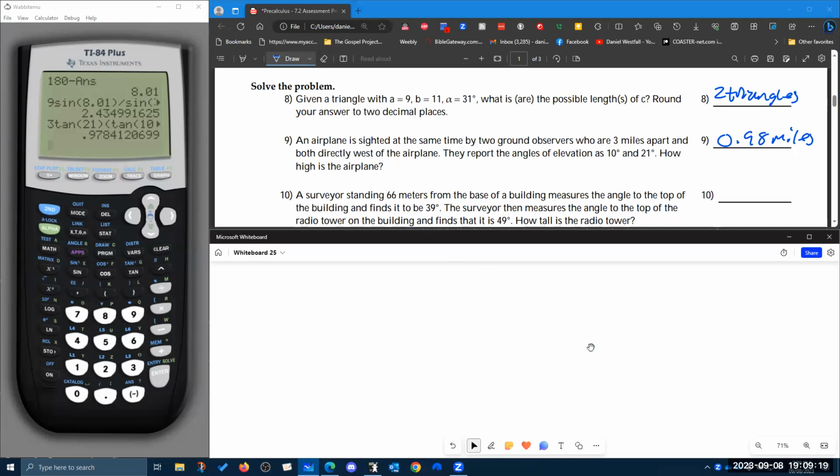I'm going to solve this last one here in this video. I might come back and make a video with some more application problems in a little bit. We've got a surveyor standing here, a building here, and a tower on top of the building. I'm going to call this B for the top of the building, and T for the top of the tower.